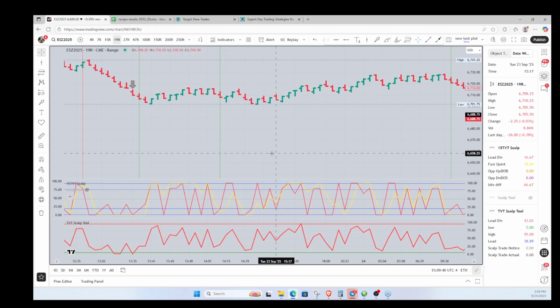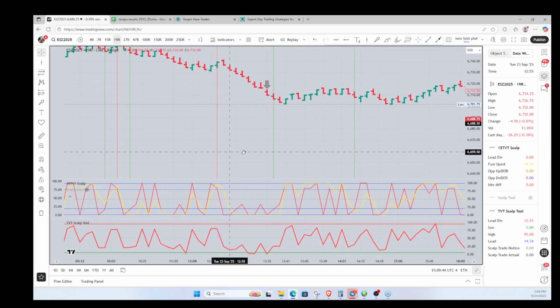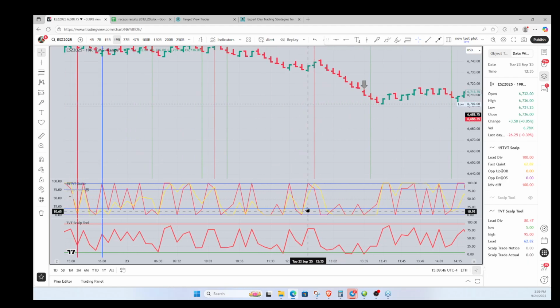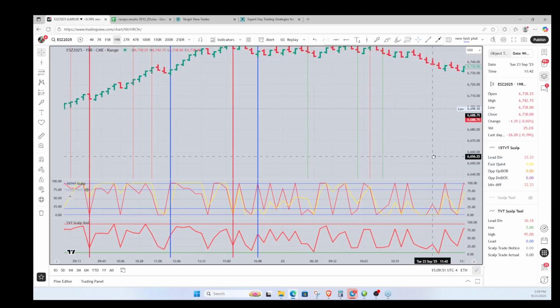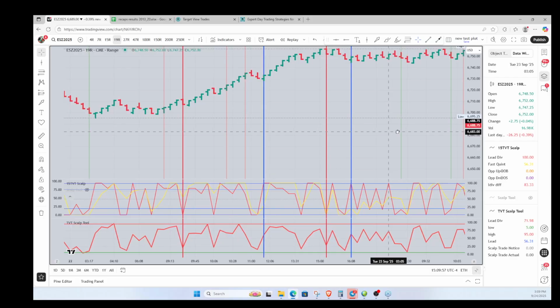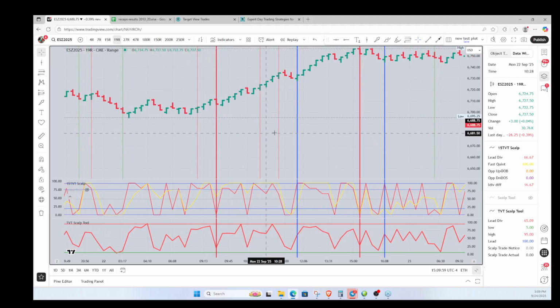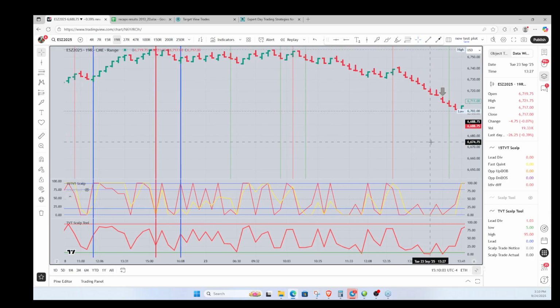I'm going to find one for you. In real time, this is going to look like that right here. It's a little too close, and in real time it doesn't look as clean as this right here and this right here.